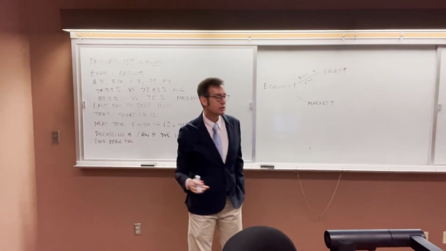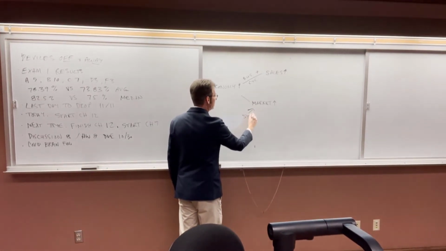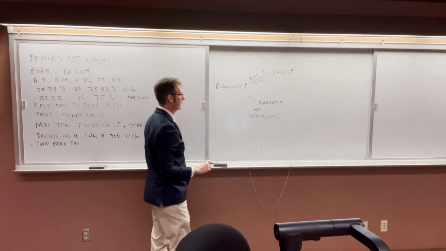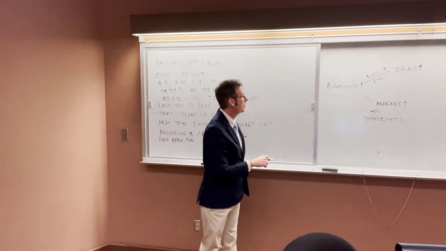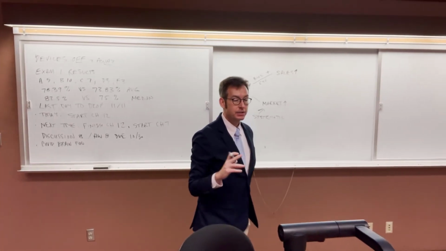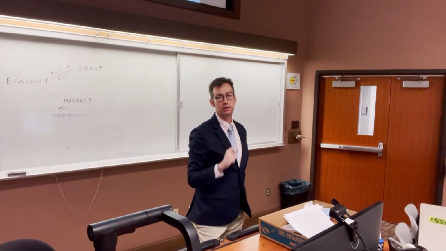Now, why am I concerned about the market? Because this is our systematic risk, right? This is our systematic or market risk. So that's the basis for beta. So I'm going to show you how all of this plays together to come up with beta. Now, the next thing that we're going to look at is called operating leverage.